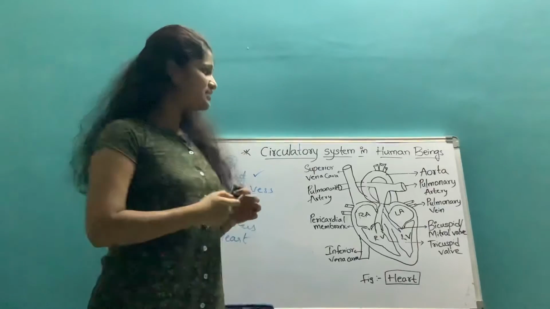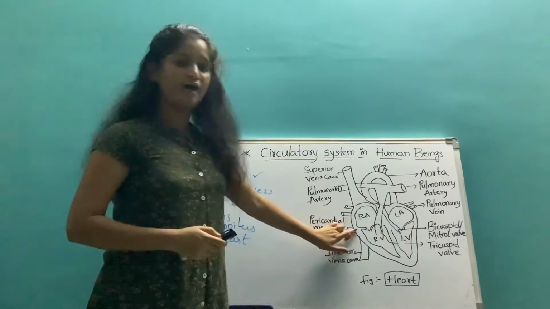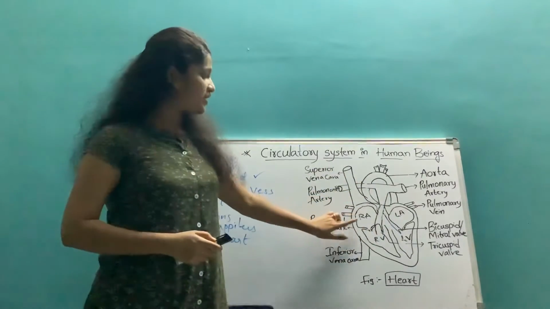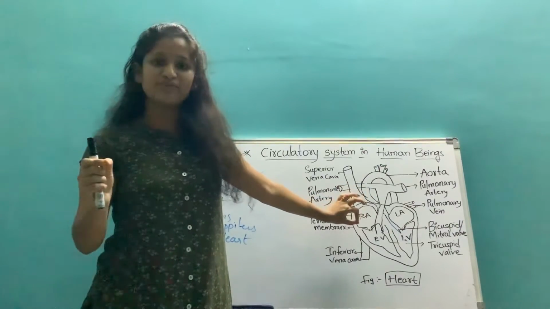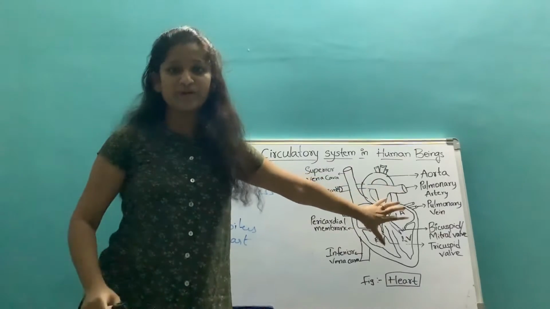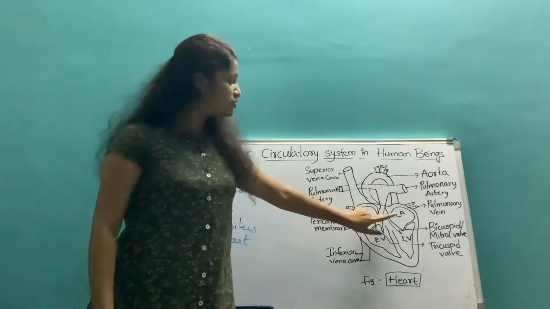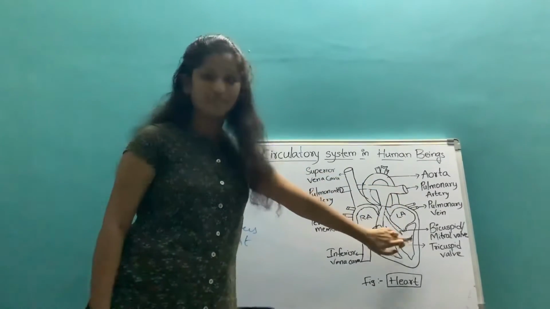As the heart is a muscular structure, it is protected by two membranes called the pericardial membrane. In between the two pericardial membranes, there is a fluid called pericardial fluid, which protects the heart from mechanical shocks. The heart has four chambers, the upper two called atria and the lower two called ventricles.